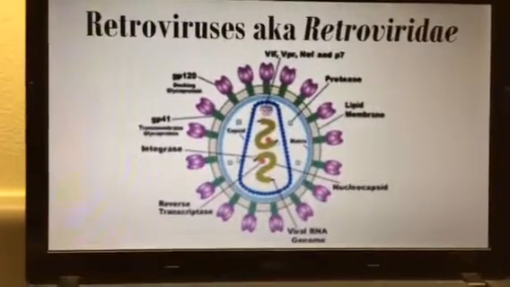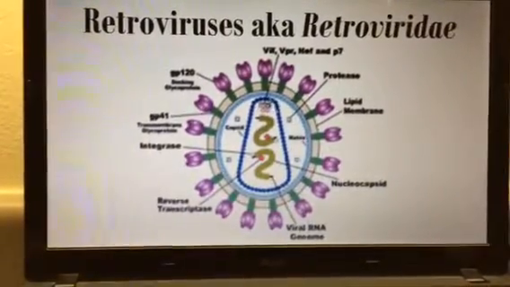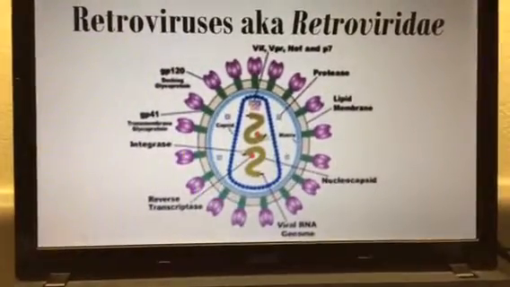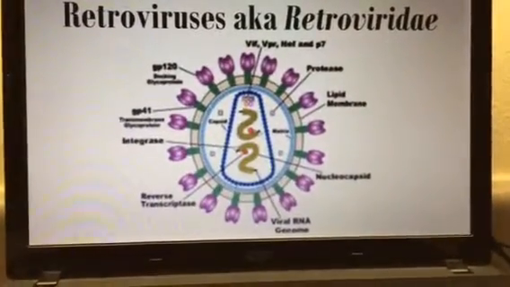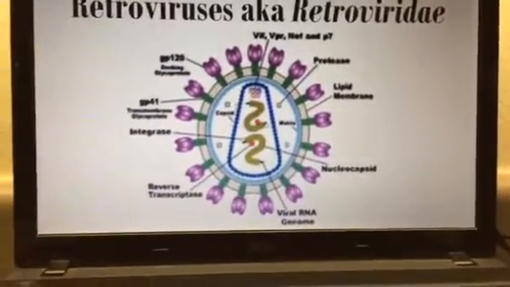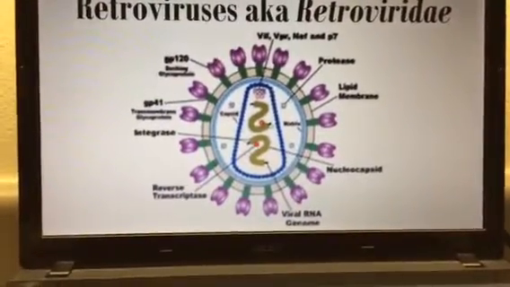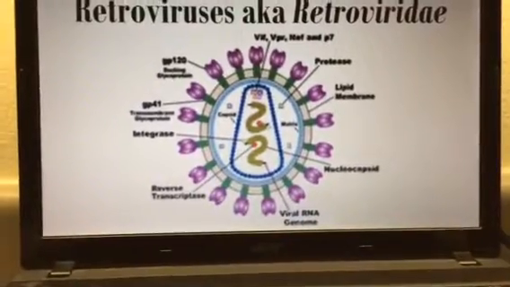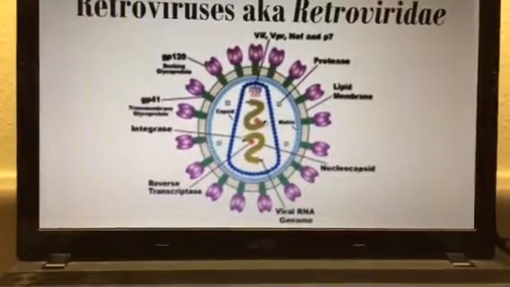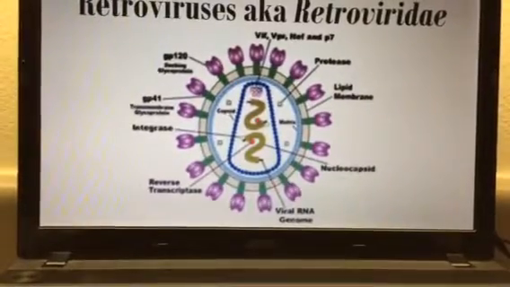And this little dark blue area in here is the capsid, the inner capsid that surrounds the nucleic acid and enzymes. The capsid contains two copies of the same positive sense RNA molecule, and this is called a diploid virus.